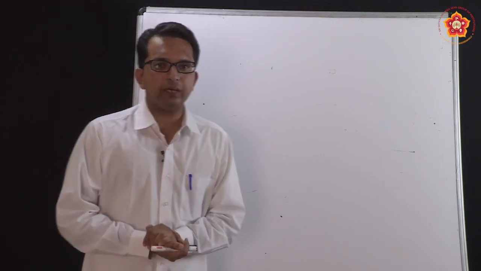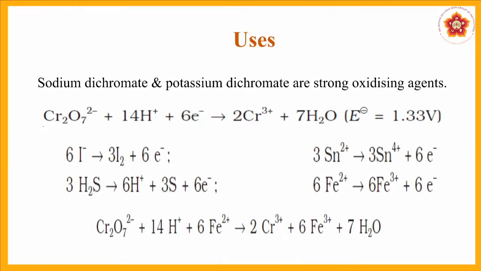In the acidic medium cases, we see that potassium dichromate is able to undergo conversion by utilizing hydrogen ions.